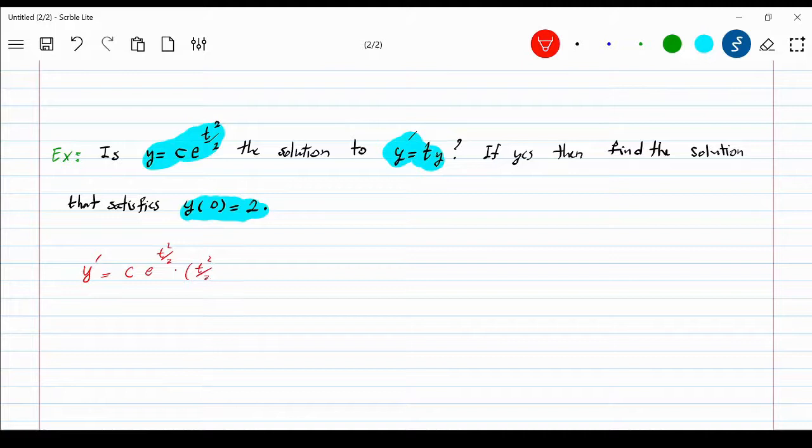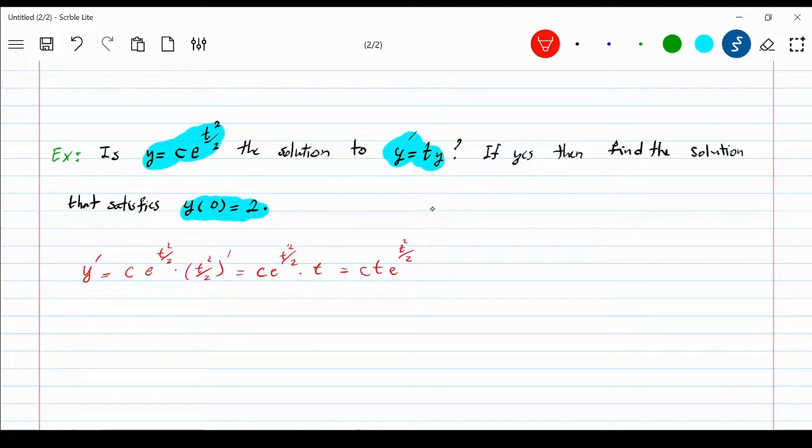The derivative of t squared over 2, which you can simplify: c e to the power t squared over 2 multiplied by 2t over 2, which is simply t. So if I want to write it better, it would be c t e to the power t squared over 2. Just the ordering, so we don't make a mistake.